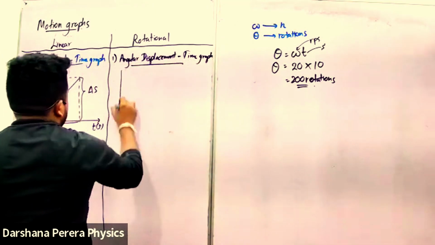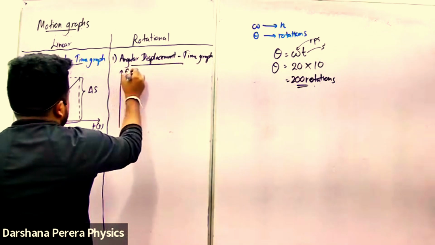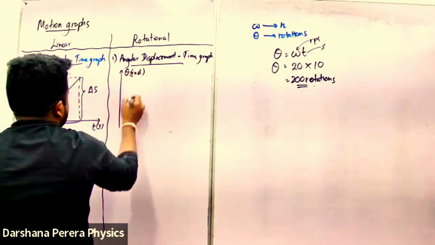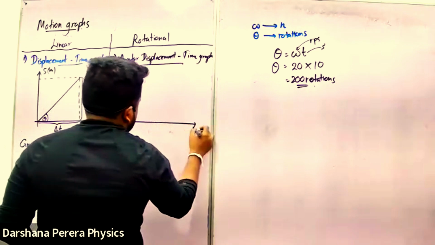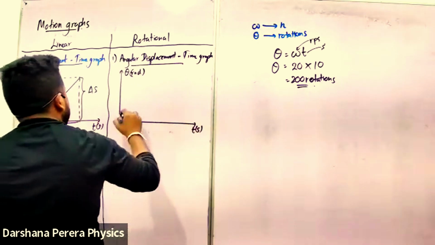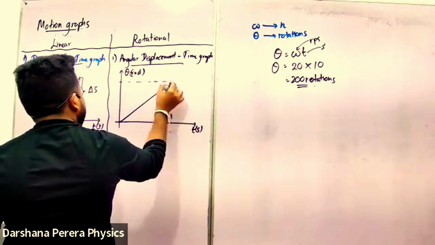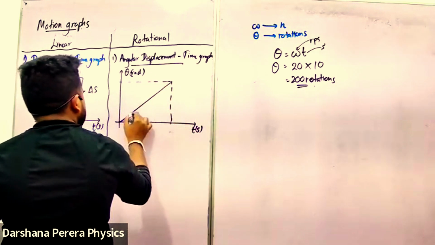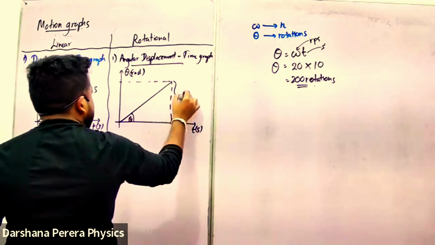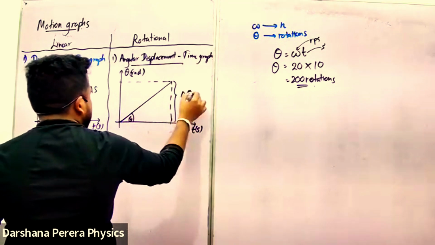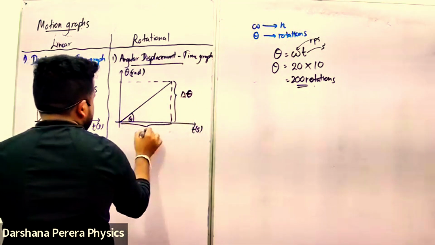For that, we can take theta in radians, t in seconds, like this. This is delta theta over delta t.